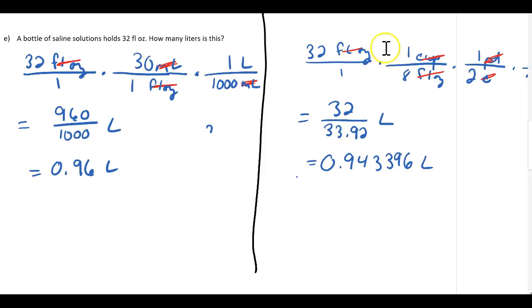There's rounding issues in both, okay? And so whenever we do each of these, you may get off some. We just have to be careful that we know which direction we converted from, okay? So 32 fluid ounces, depending upon which direction you went, is either 0.96 liters or 0.94 liters.